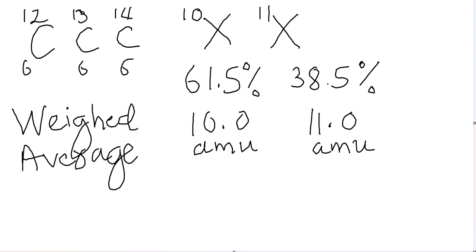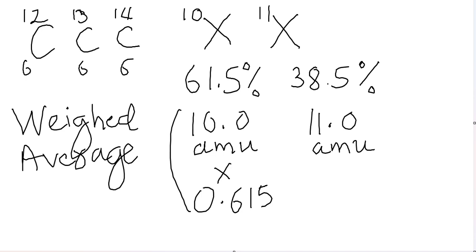In a weighted average, what we do is we multiply the mass of each isotope by its relative abundance fraction. So the relative abundance of X10 is 61.5%. In fractional form, you divide it by 100 and you get 0.615.